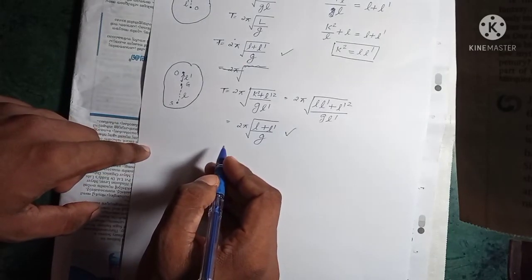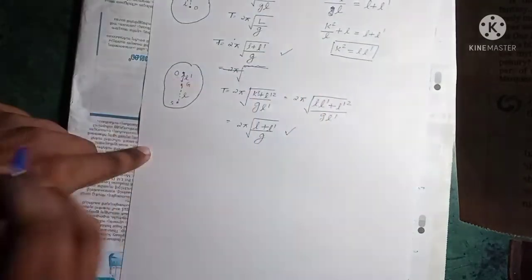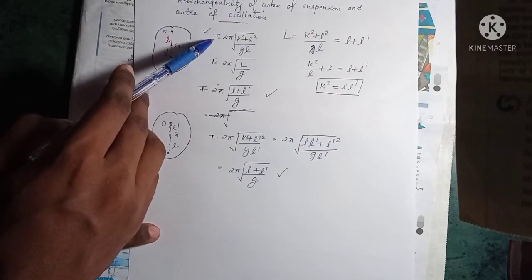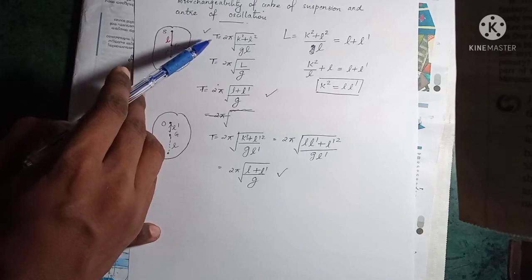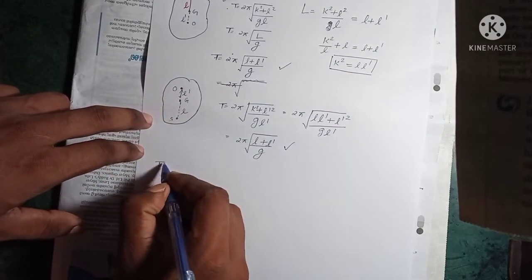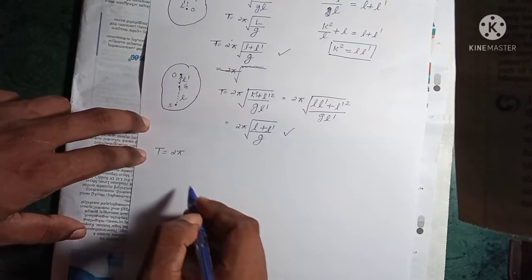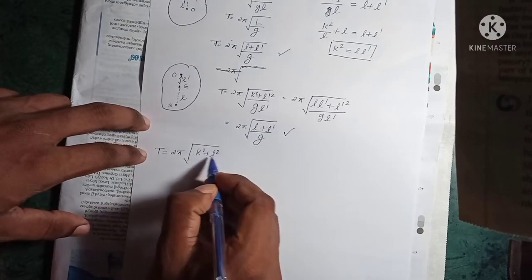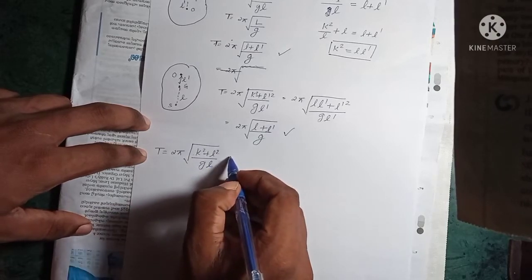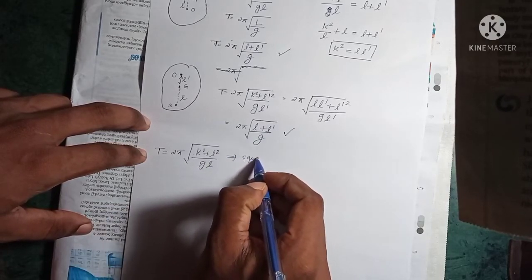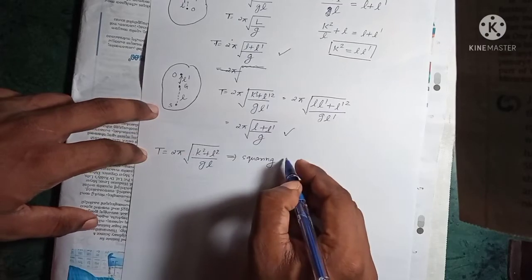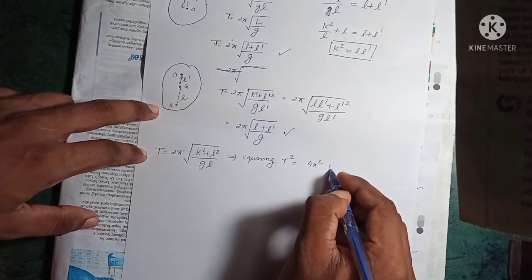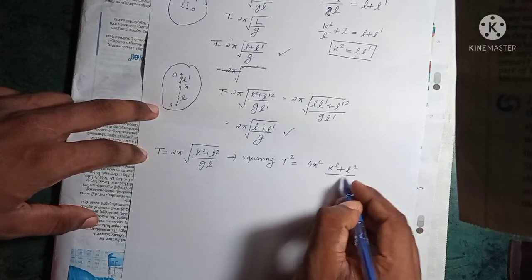We can do that by taking this value of time period, which is T equals 2 pi root over K square plus L square upon GL. We square this. Squaring, T square equals 4 pi square K square plus L square upon GL.